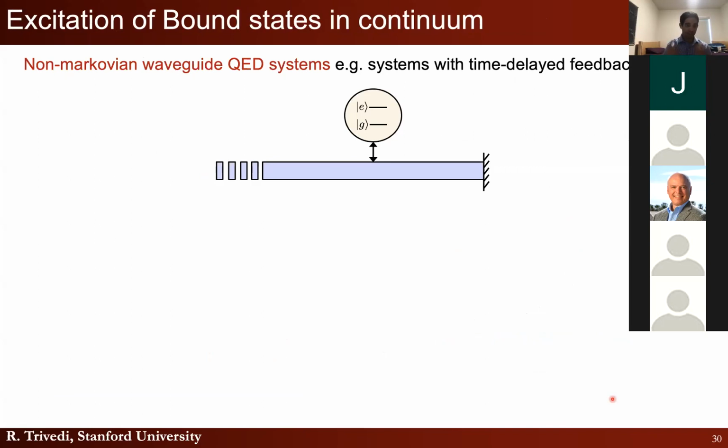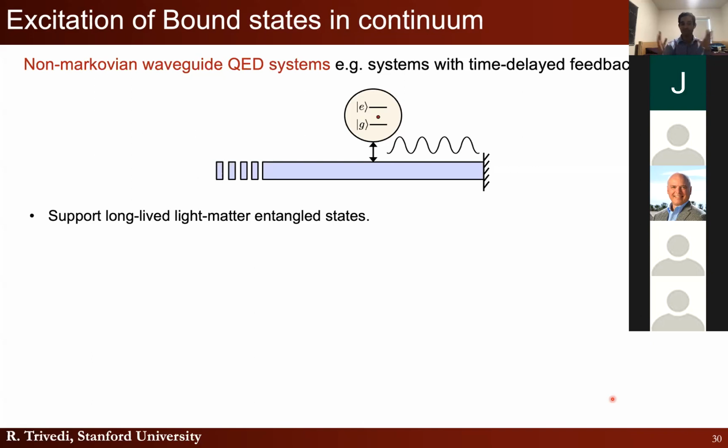These non-Markovian systems are actually very interesting from a quantum information standpoint. One of the interesting and simple things that happen is that you have what are called long-lived light-matter entangled states, which are called bound states. These states are essentially eigenstates of the Hamiltonian for the system that can exist in principle indefinitely if you don't have any other losses.